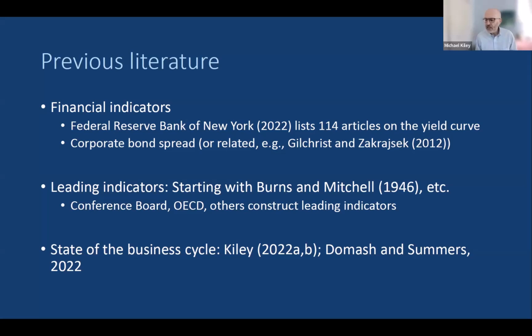I think a secondary set of indicators that is very important in recent literature on business cycle prediction looks at measures of corporate bond spreads, whether those be simple measures of spreads or more complex ones that try to extract risk premia from default probabilities, such as the excess bond premium of Gilchrist and Zakrajsek.